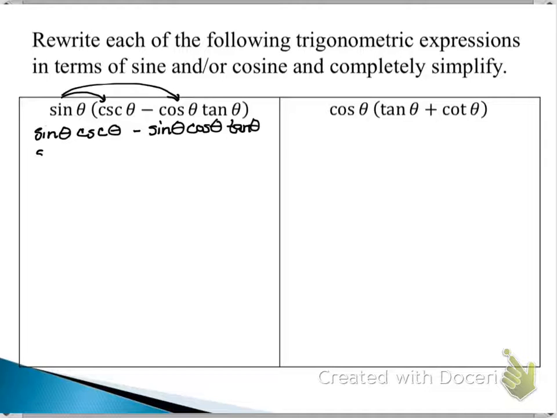So I have sine theta times cosecant, which is going to be 1 over sine theta. And then I've got sine theta. And then my tangent is going to be sine theta over cosine theta.